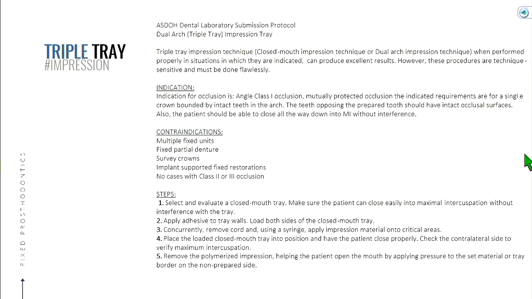We know that there's a lot of space between your preparation and your opposing tooth. Therefore, when you design your crown, you think you can make your crown pretty tall, right? And still be in clearance when you move your jaw side to side. So on the articulator at 60, you'll look at it and go, oh yeah, my crown will be fine. I'm going to be in mutually protected occlusion.